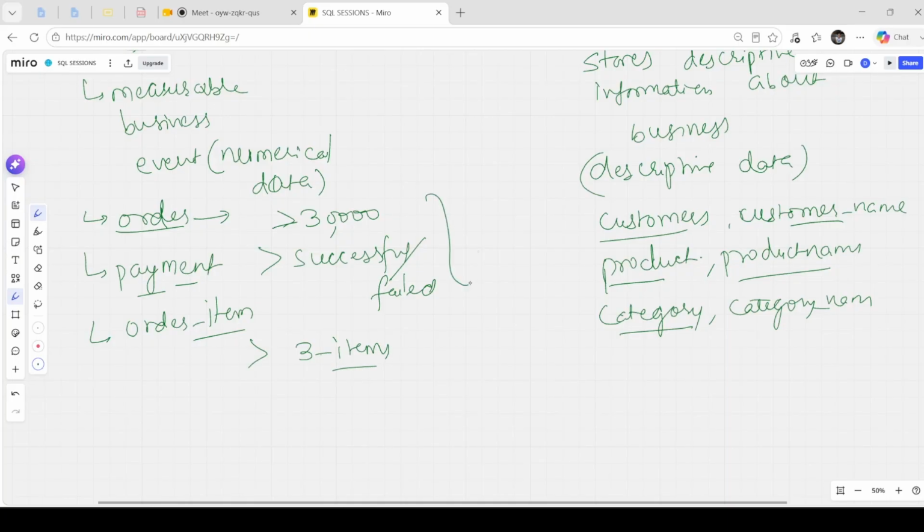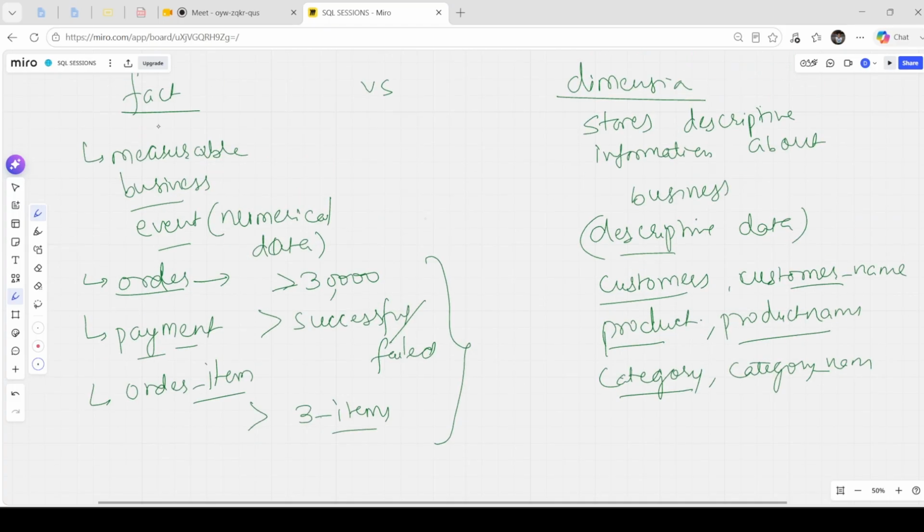Now this is giving me some measurable business events which I can give to the business team. This is more meaningful. This is not that important, right? The business team is not going to ask you the name of the product, or the name of the category. So this is some description, but majorly we have information which is measurable, and we put it as a fact table.